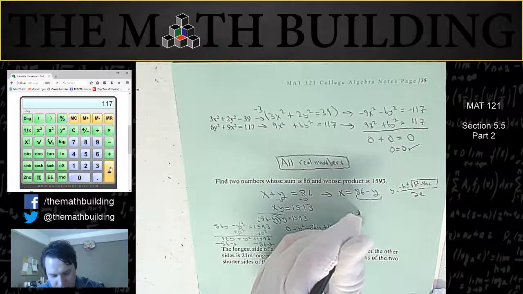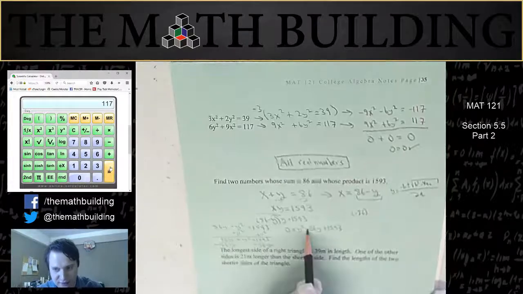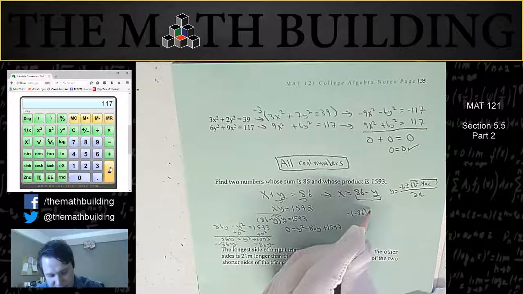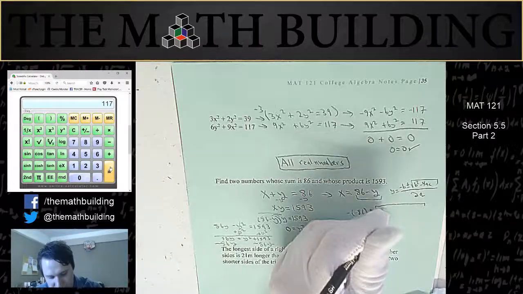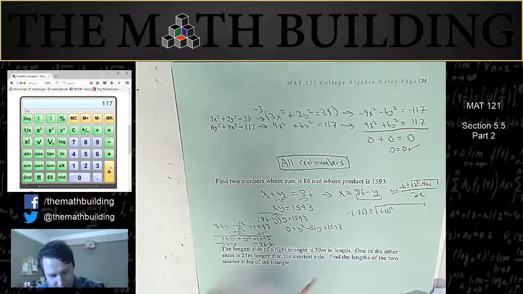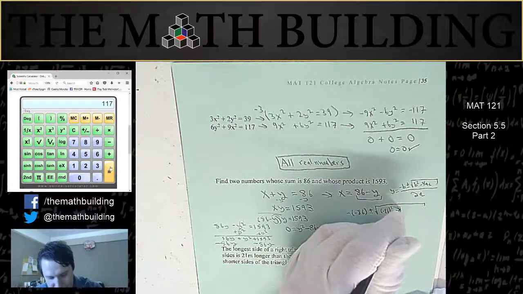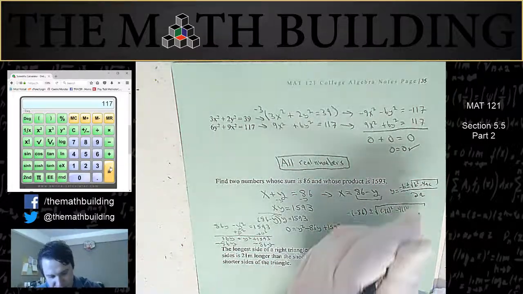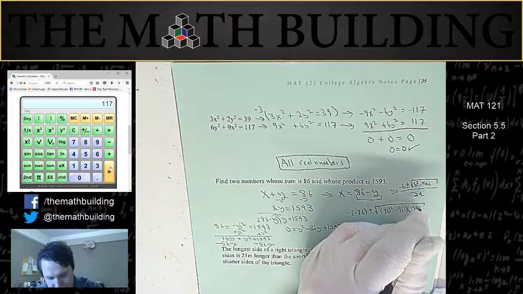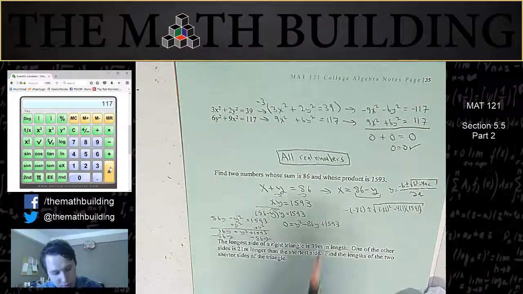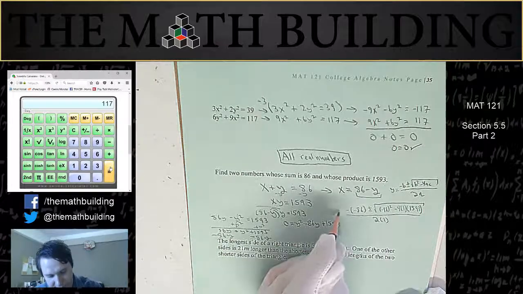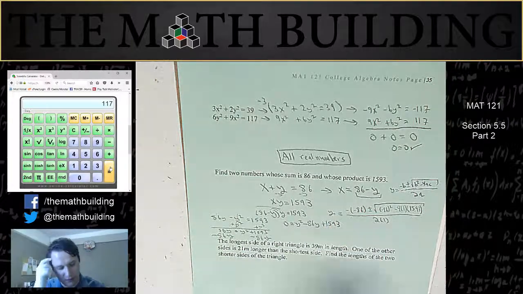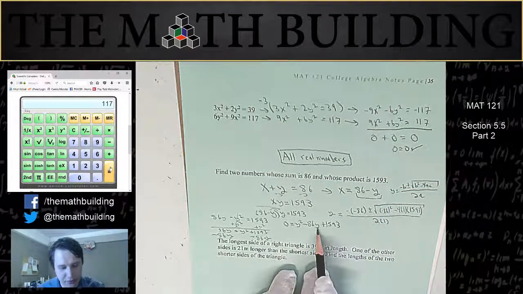Negative b, which itself is negative, plus or minus the square root of b squared minus 4ac all over 2a is equal to y, because y is our variable here.